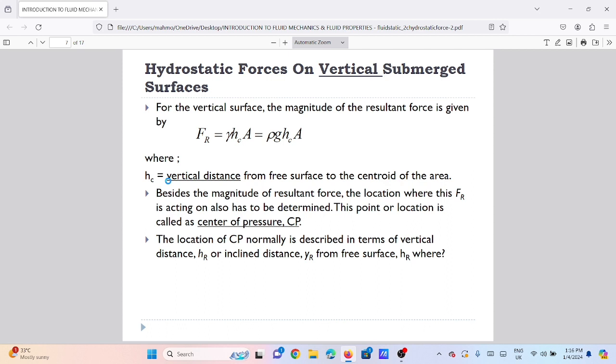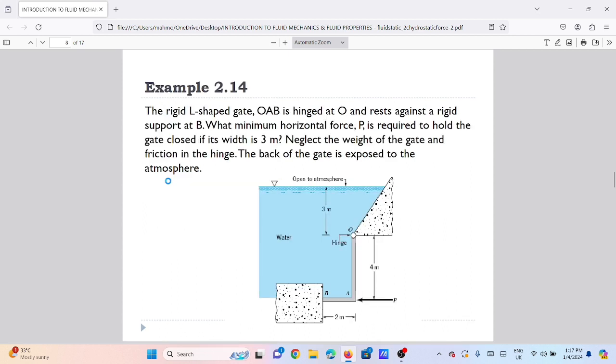This point or location is called the center of pressure. The location of CP is normally described in terms of vertical distance, hR, or inclined distance, yR, from the free surface.